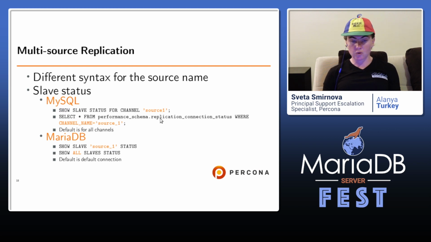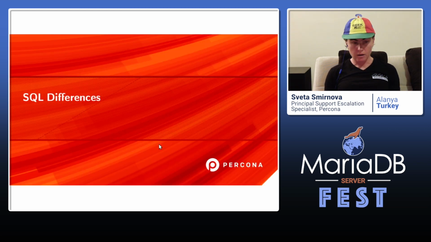It also has performance schema, so you can also query performance schema on slave status. For MariaDB, the default is the default connection. If you want to see SHOW SLAVE STATUS for all sources, you need to use SHOW ALL SLAVE STATUS. That's quite different, but otherwise it works pretty similarly.